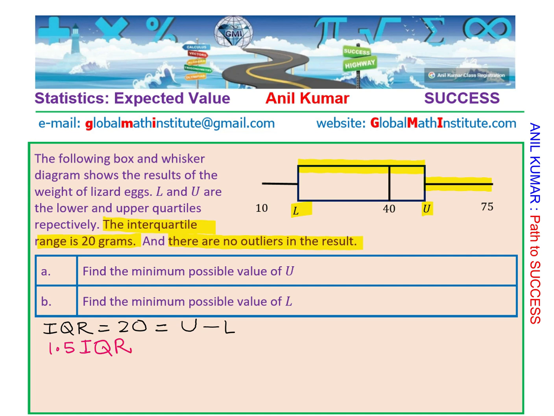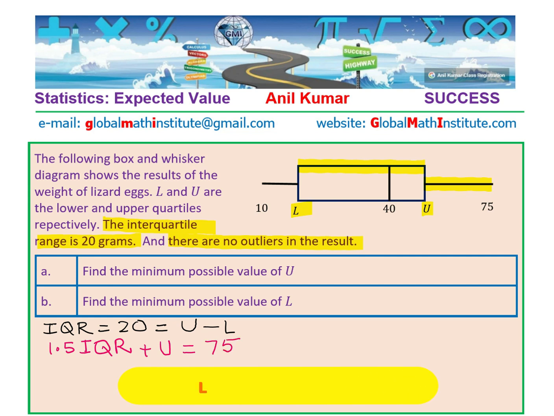Means that if the value of the data is within U, upper quartile, plus 1.5 IQR, then it is not an outlier. So that is the maximum limit it can go to. You get the whole idea, right? So that is equal to 75.